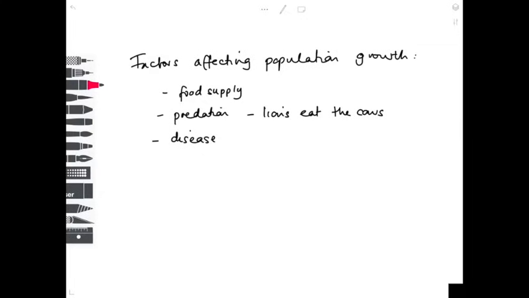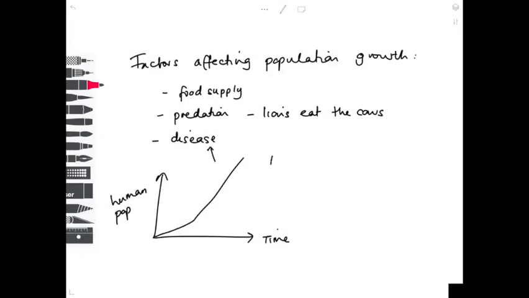So over the last 250 years, if you have time on the x-axis and human population on the y-axis, we've seen it just go extremely high in just the last 50 years alone, and that's all to do with things that we've just discussed. So disease medicine has meant that many people who would have previously died are surviving.